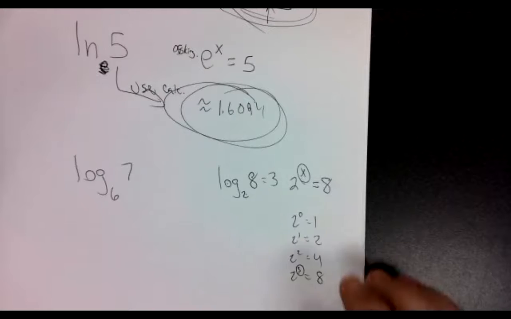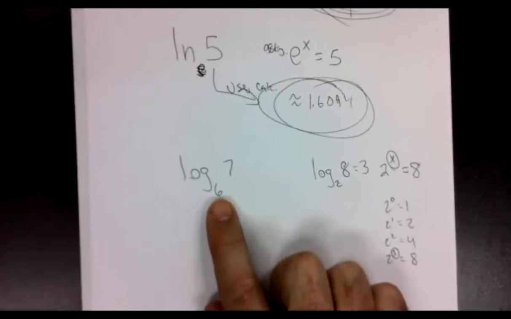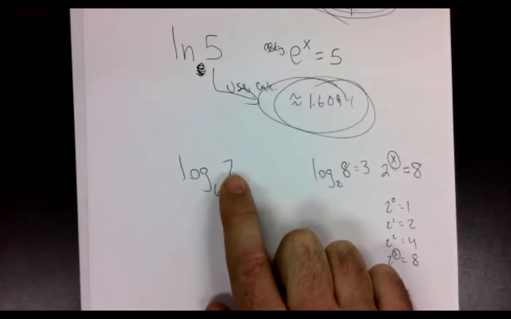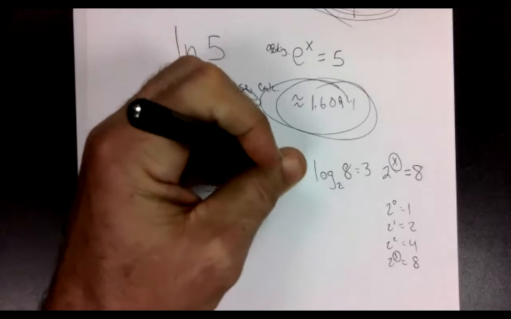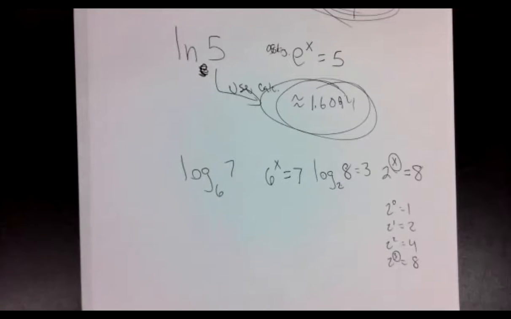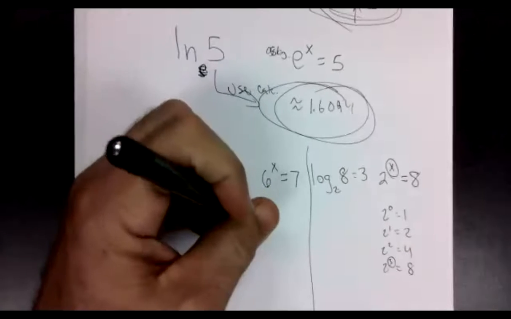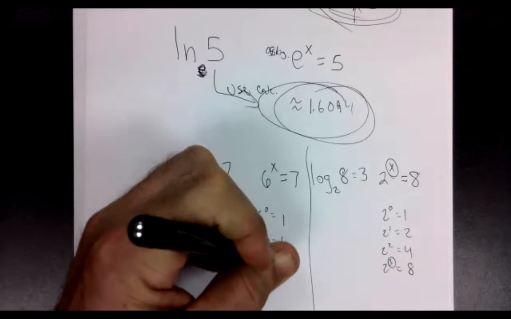Now, as long as you get pretty little whole number answers, that works out really good. If we want to evaluate a problem like the log sub 6 of 7, again, what this is asking is 6 to what power is 7? Uh-oh. Well, 6 to the 0 power is 1. 6 to the first power is 6. 6 squared is 36.